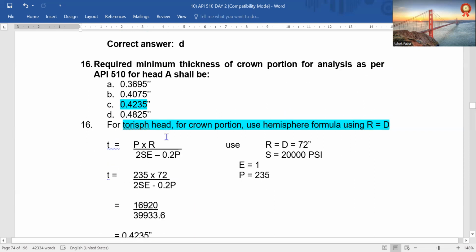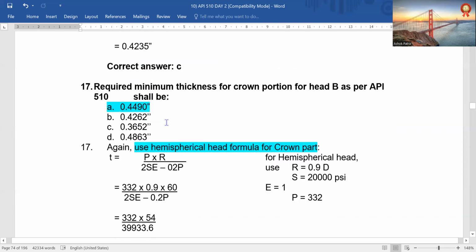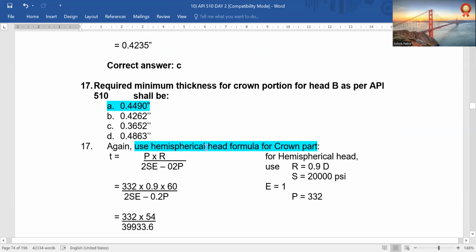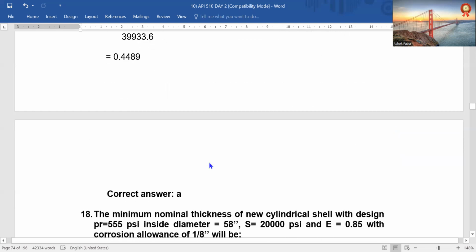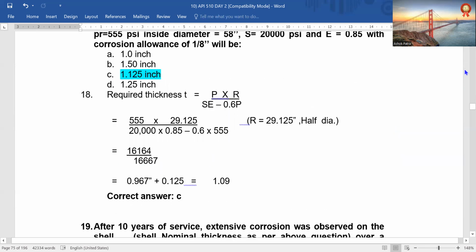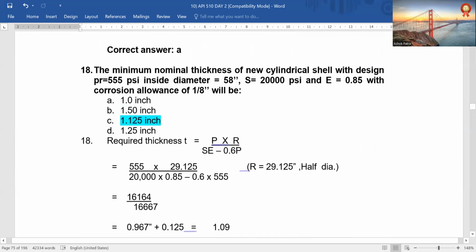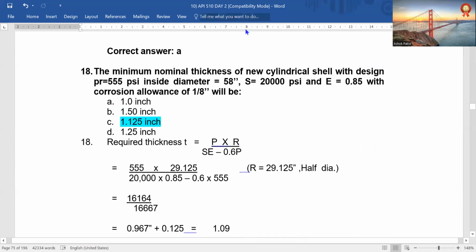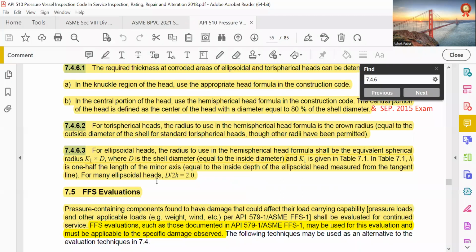Use it, you get 0.44235 here, 449089. So these are for spherical heads, the radius used in hemispherical head. For ellipsoidal, this radius used in the hemispherical head formula shall be equivalent to spherical radius.